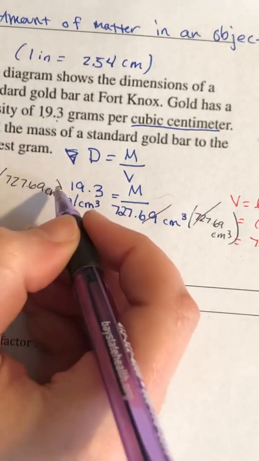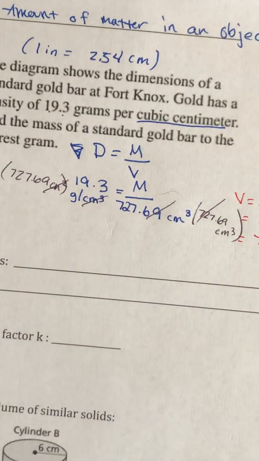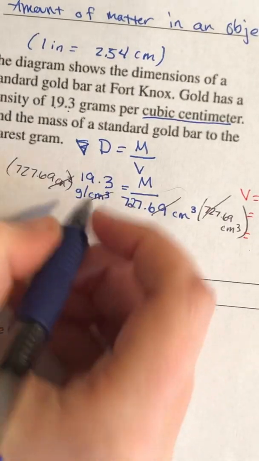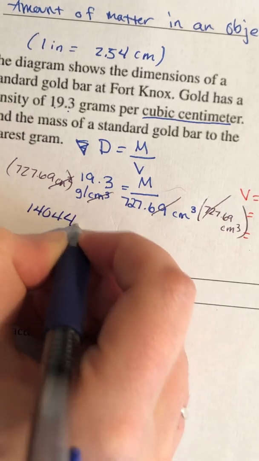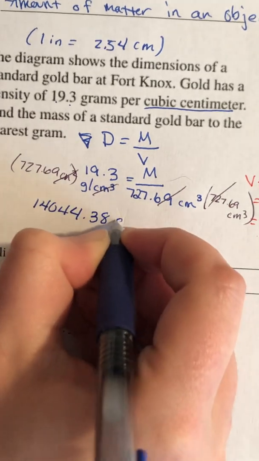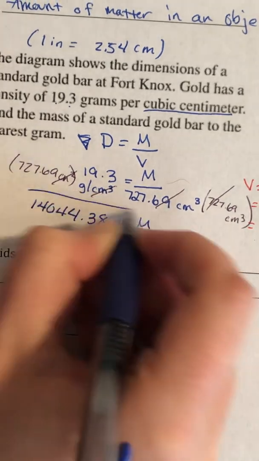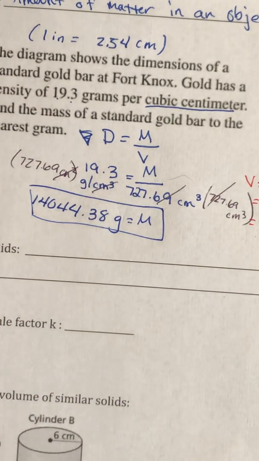And these centimeters cubed cross out, which is why the mass you're left with is in grams. So if we multiply that, we get 14,044.38 grams is the mass. Don't worry too much about the canceling, but it is something you'll see definitely in chemistry when you're converting units.